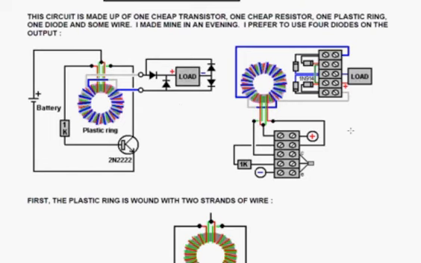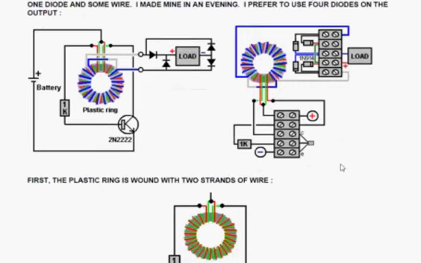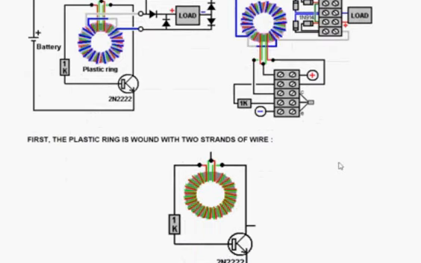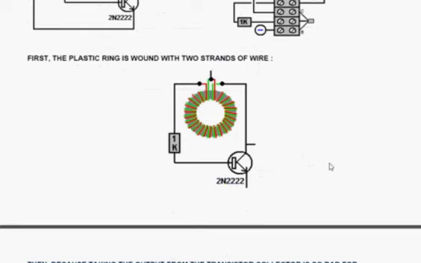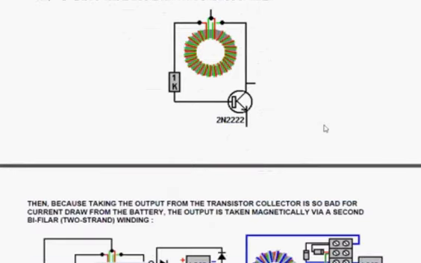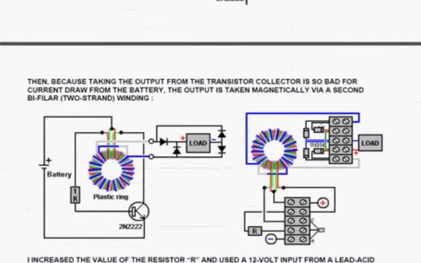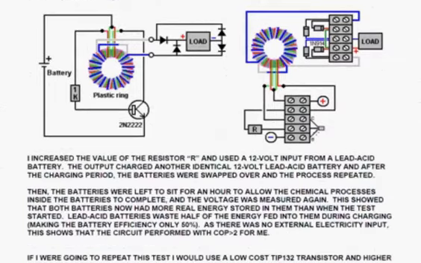I was using 1N4007 diodes because they're effective and very, very cheap. Now that diode bridge worked quite nicely for me. This particular arrangement worked fine for me.